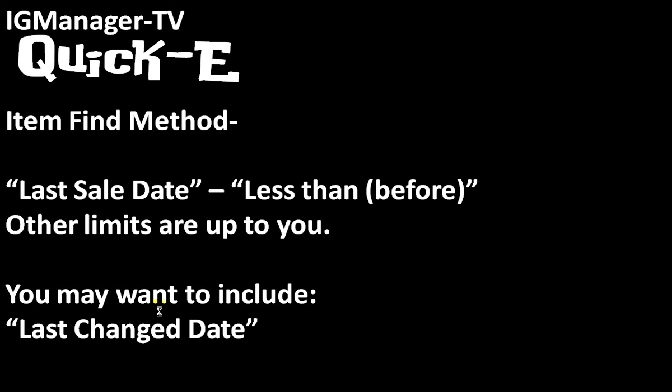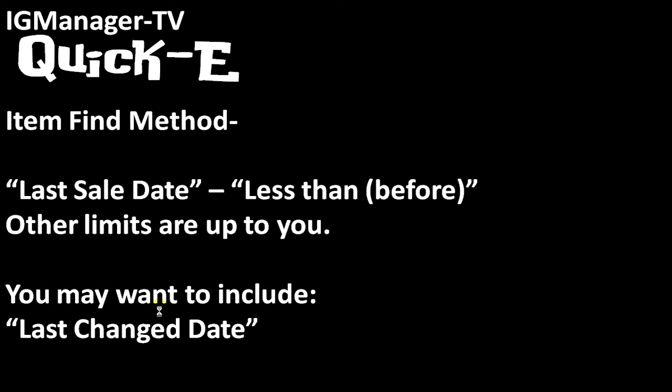So what you might also want to include is items that haven't sold since day X, but that I haven't touched in Item Maintenance or updated from the host in 6 months. That means not only haven't you sold it, you haven't done any pricing changes to it in the last 6 months. So that tells you it's probably definitely a dead item.